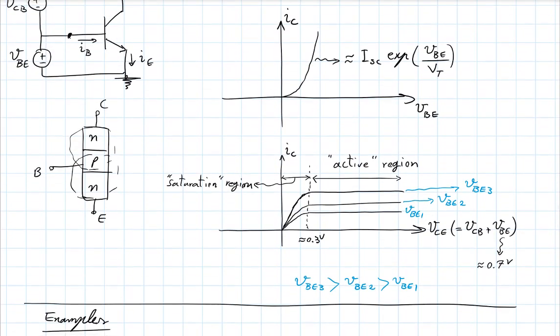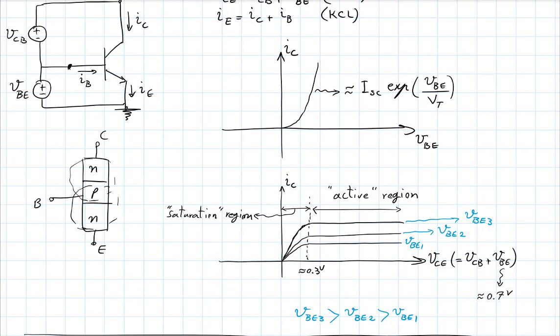Look at this behavior. Again, remember that if the collector emitter voltage becomes smaller than around 0.3 volts or so, then the collector current for a given VBE starts dropping. Now, of course, as you keep increasing VBE, you will go to progressively higher and higher curves.